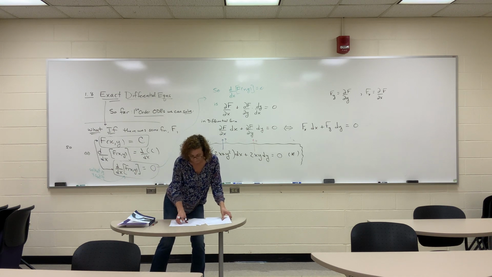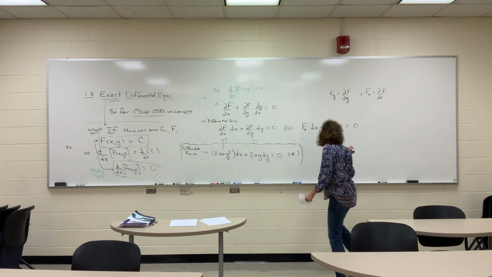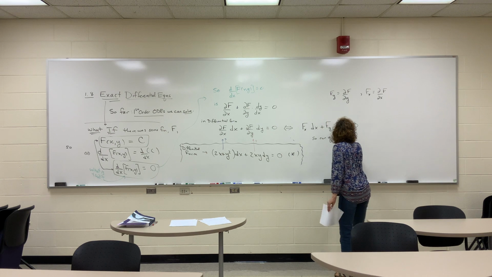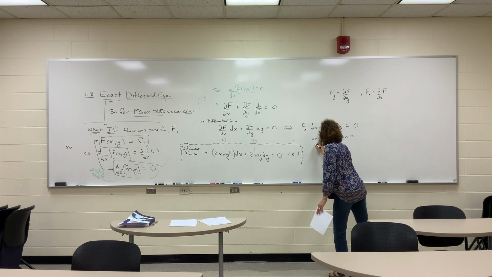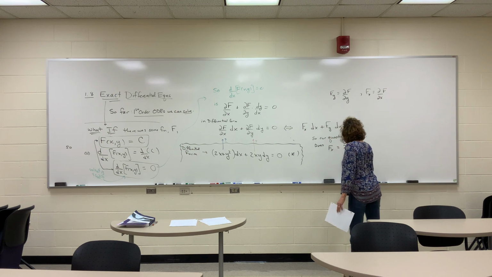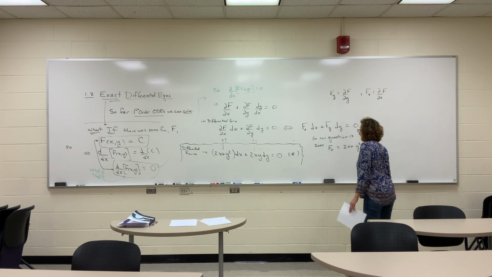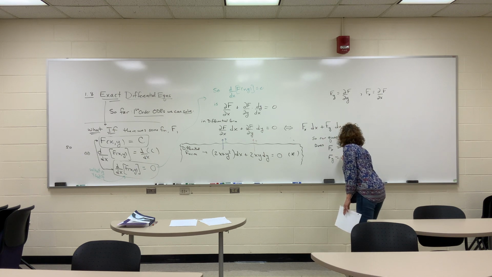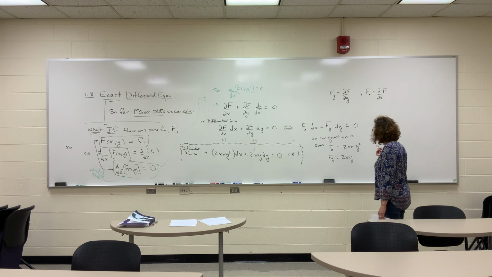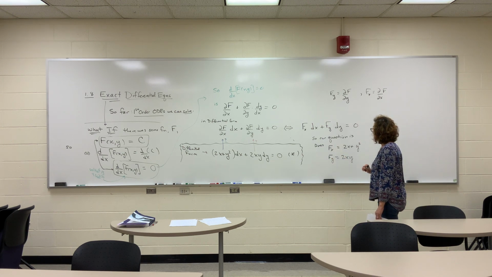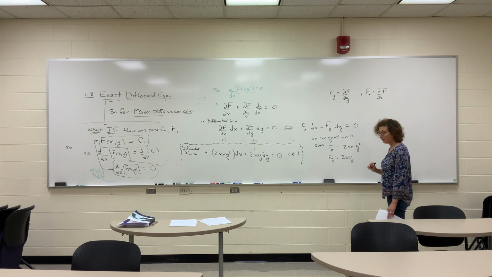So, does fx equal 2x plus y squared? If fx is equal to 2x plus y squared, and fy is equal to 2xy, then can we find a function, capital F, that will have these partial derivatives, okay?